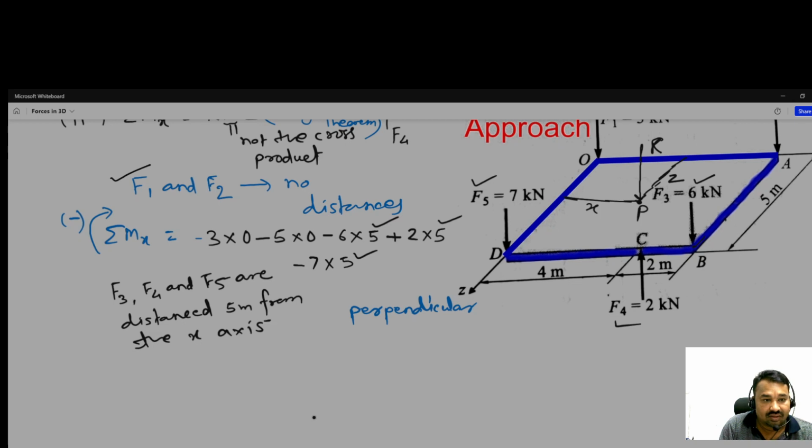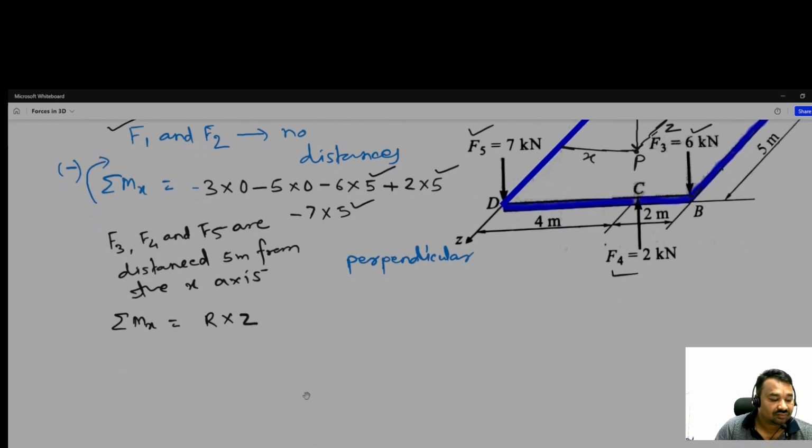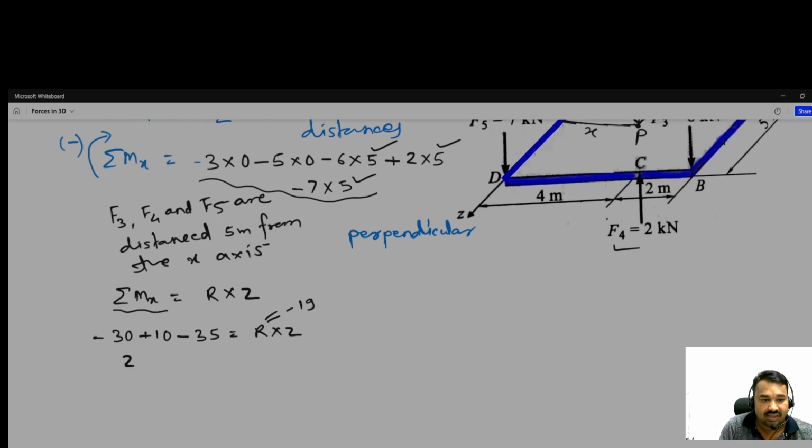Here the summation of moment about x is equal to R times z. So the summation of Mx, once again writing this, is 30, then 10, then 35, equal to R z, and R we already know, that is minus 19. So we get z is equal to 2.89 meter.